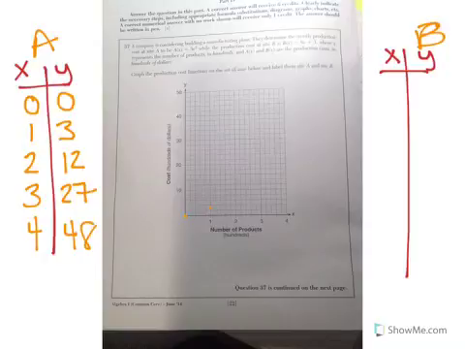Okay, so now when x is 2, your y is going to be 12, so right about there. And when x is 3, your y is 27, so that should be about there. It's tricky with this. And when x is 4, your y is 48, so that is roughly there.